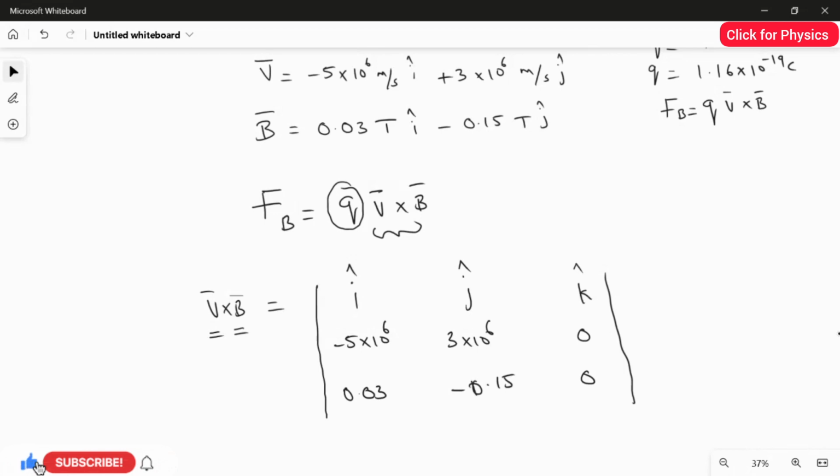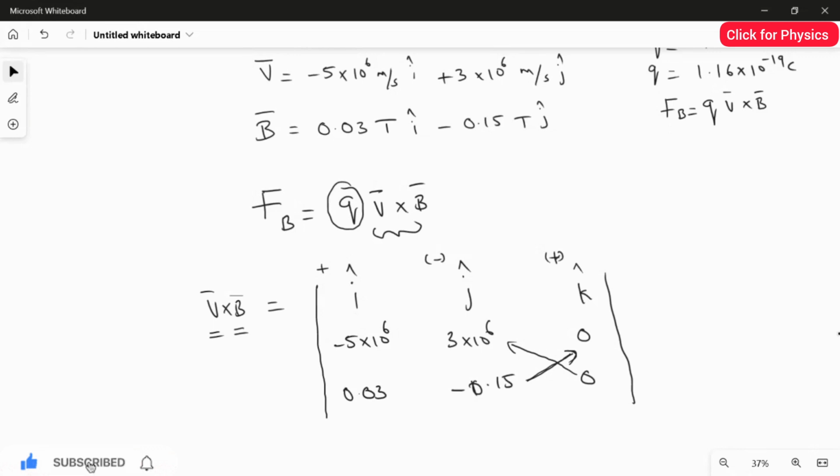Now you have to see this very carefully. i takes the positive sign, j takes the negative sign, and k takes the positive sign. And the most important thing, when you go for finding the value of i, you should not consider the first row as well as the first column. So when you multiply, you have to multiply in this direction and in this direction.